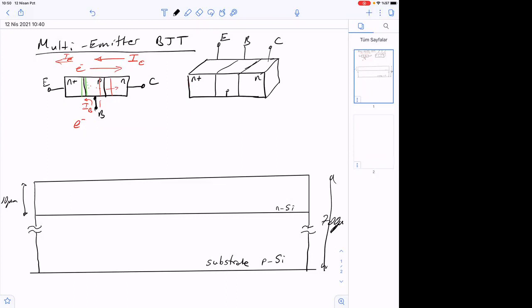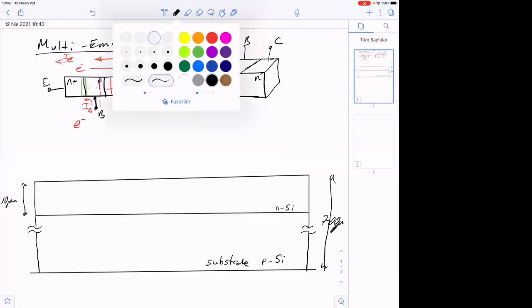And here, what we need to do is create this transistor: emitter, collector, and base. In order to do that, let me select some colors here.